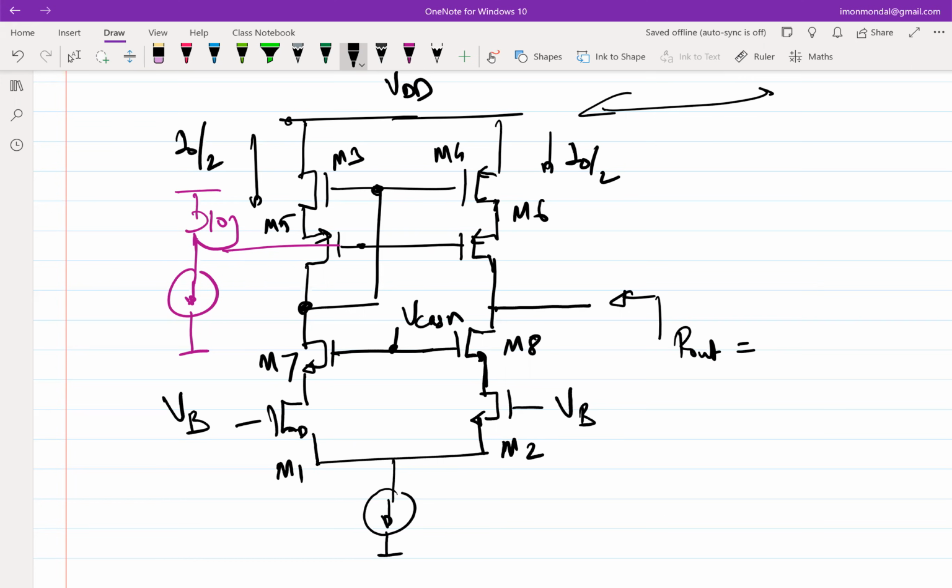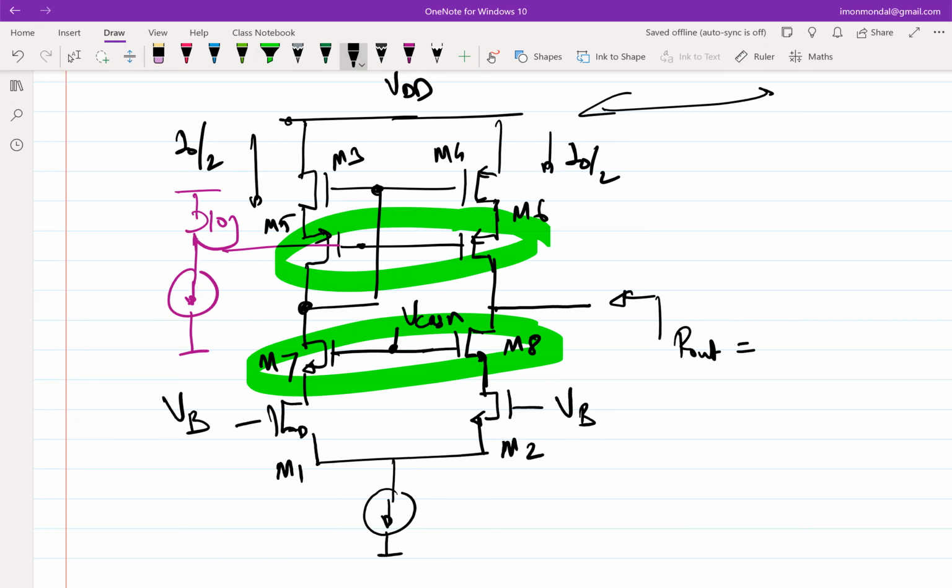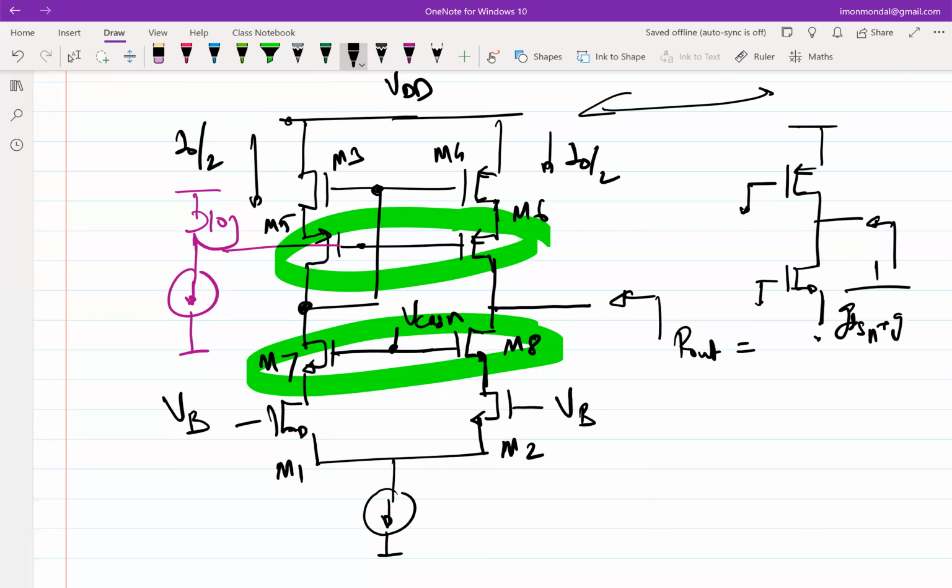If you didn't have this, it appeared as if you have this configuration, right? The output impedance seemed like the output impedance of this. So this was 1 over GDSN plus GDSP. Now you have inserted cascodes. If you insert cascode, what will be the output impedance? Intrinsic gain of M6 and M8. Correct, right? So it will essentially go up by a factor of the intrinsic gain of M6 and M8.